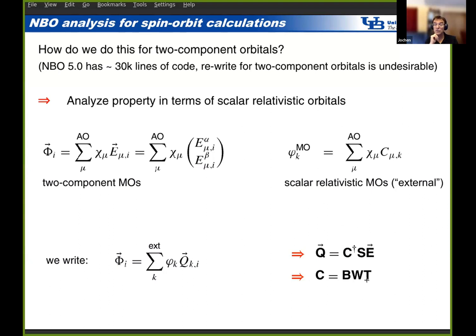And T is the transformation between the scalar relativistic canonical MOs and the scalar relativistic NLMOs. And so that's how the connection between the two calculations is done. And that's how we get NBO into the two-component calculations.